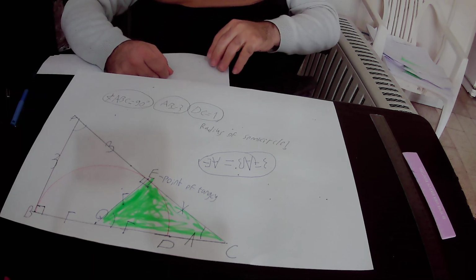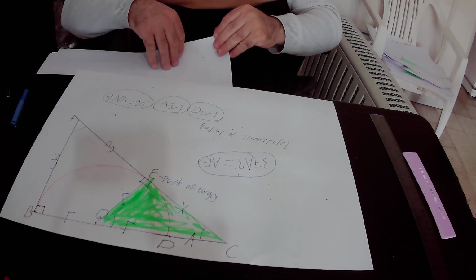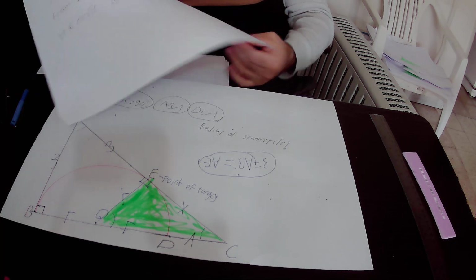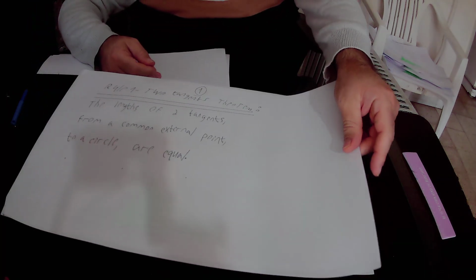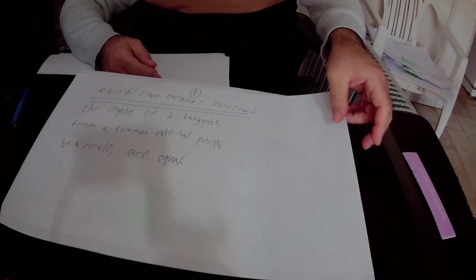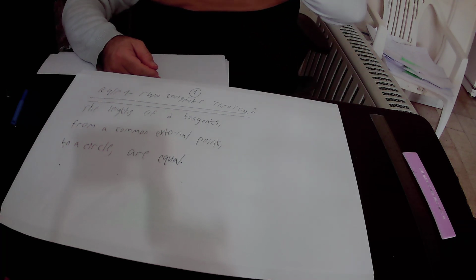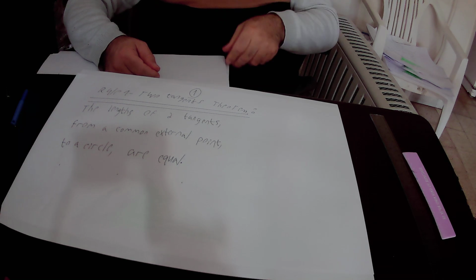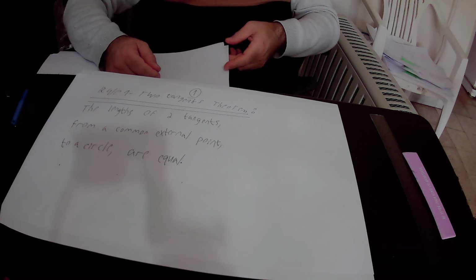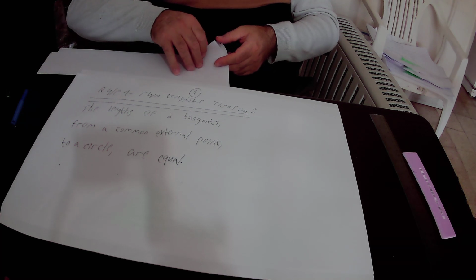So first of all, I presented to you rule number 1. According to rule number 1, or the two tangents theorem, the lengths of two tangents from a common external point to a circle are equal. What is the meaning of rule number 1?